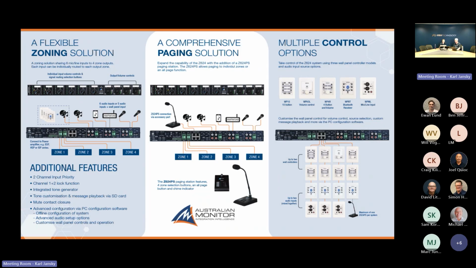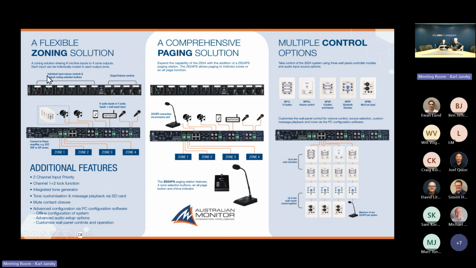We've deliberately designed this product to be very intuitive to use from the front panel of the product and to be easily set up and installed by entry-level audio integrators. And as you'll see in this presentation, it then has further capabilities in software, etc., to then really expand the capabilities of the system if you need that additional feature set.